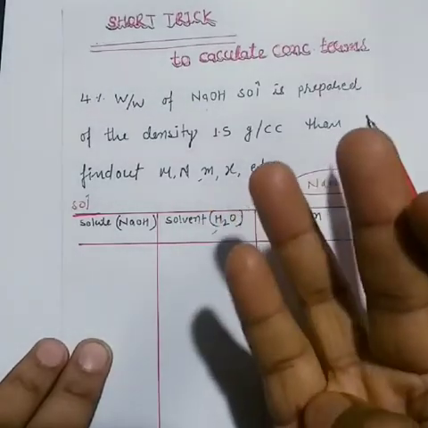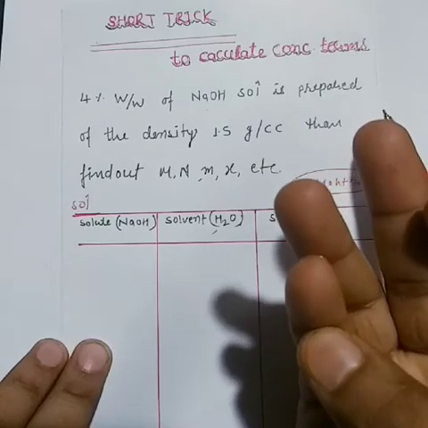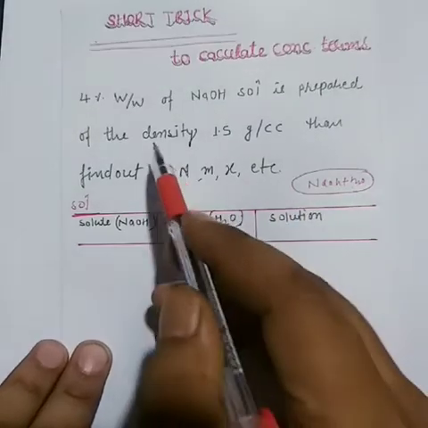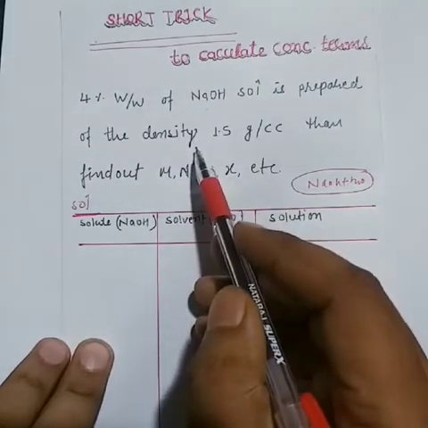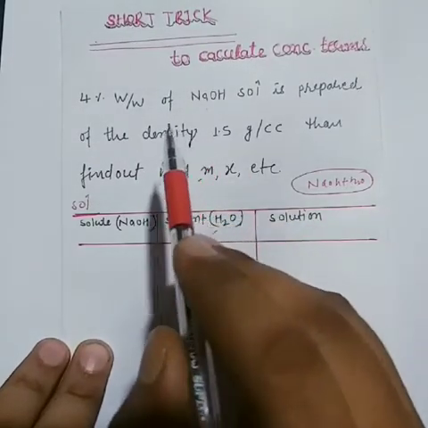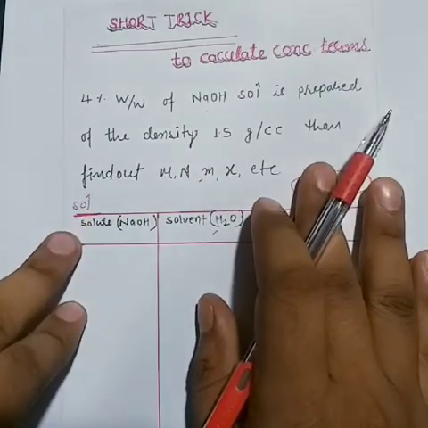So first of all we need the solute, second the solvent, and third the volume. But this question does not mention the solute, solvent, volume, or any such things. So how to find them out?